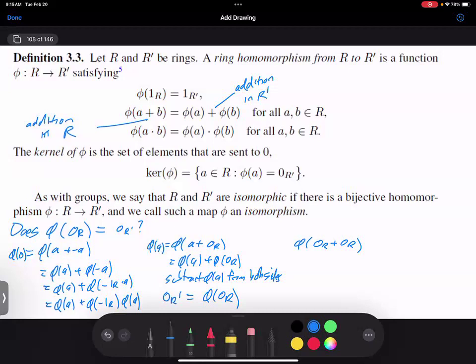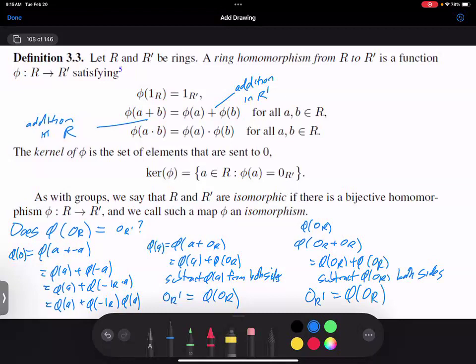If we do phi of 0R plus 0R, well, that's the same thing as phi of 0. And that's going to be phi of 0R plus phi of 0R. And then just same as before, subtract phi of 0R from both sides. And then you would get 0R prime equals phi of 0R.